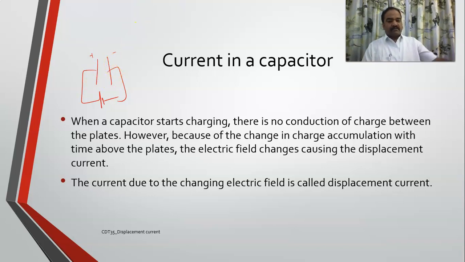However, because of the change in charge accumulation on either of these plates, there will be a displacement current. If the charges are moving from one plate to another plate, there is a change in electric field, and the current due to this changing electric field is termed a displacement current.